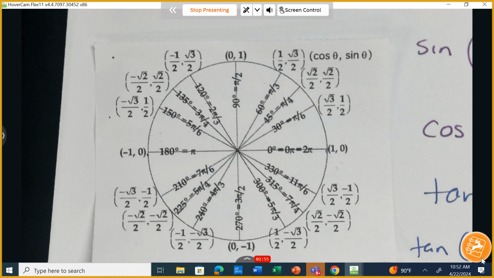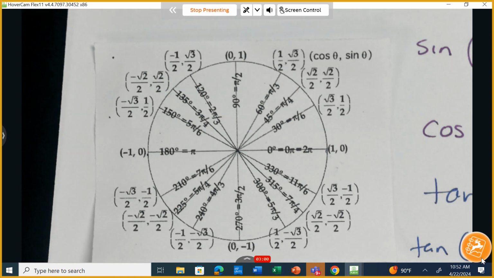What other angle has a tangent of positive radical 3? Not negative, positive. Ooh, if you're getting this right, you have a great understanding.